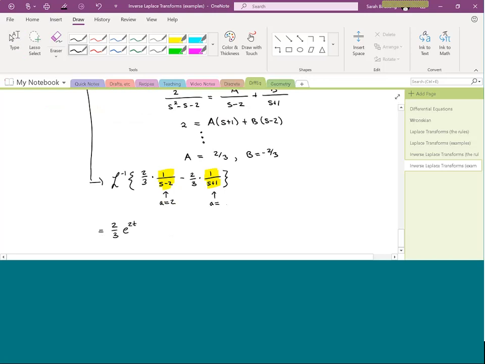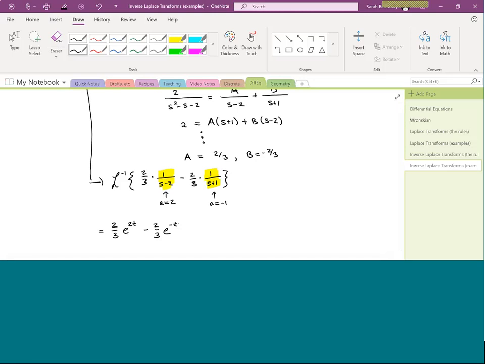It'd be negative 1. So for the first term, this turns into the coefficient 2/3 times e raised to the 2t, where 2 is a. For the second term, you get the negative 2/3, and here it's e raised to the negative 1 times t, or negative t. And that would be it for that one.